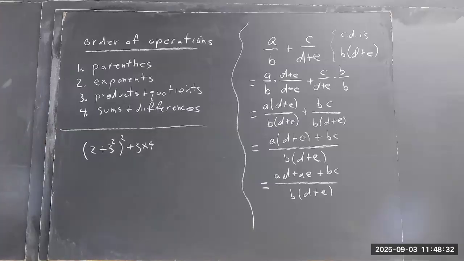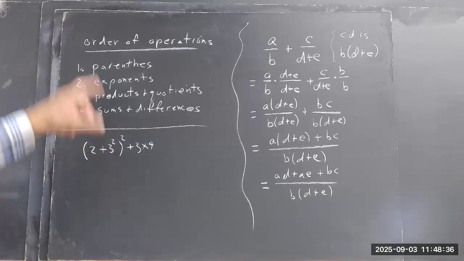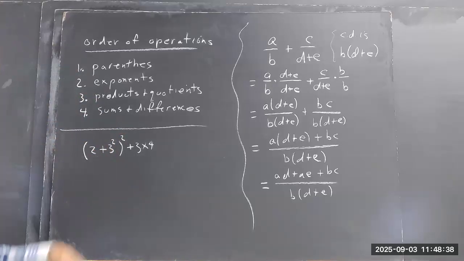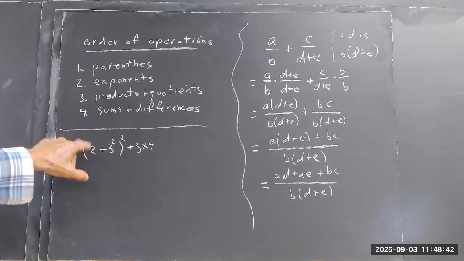What's the first thing we're going to do? Well, you look at it and say, well, I got to square this, but before I square this, I got to add these, right? Because we do parentheses first.